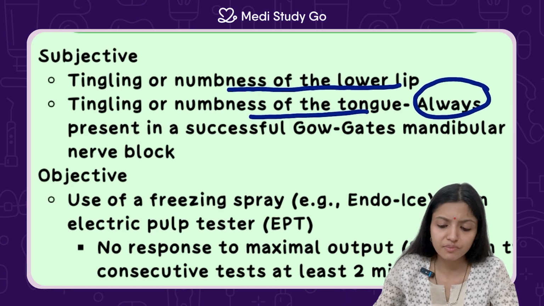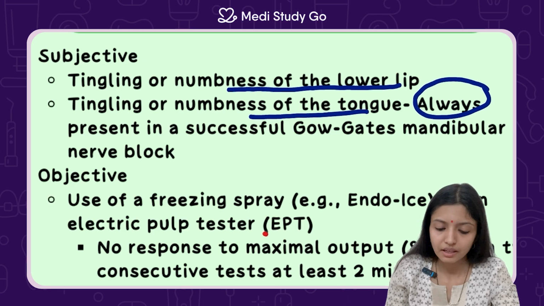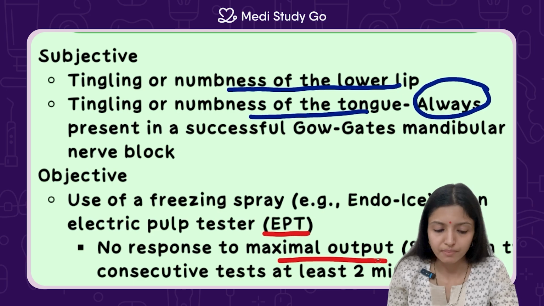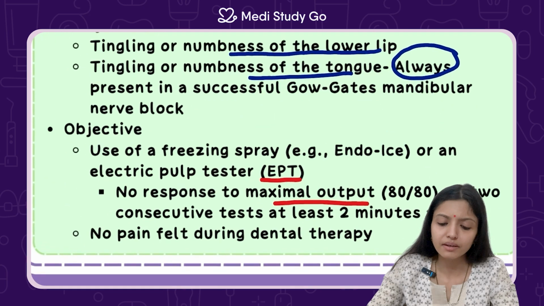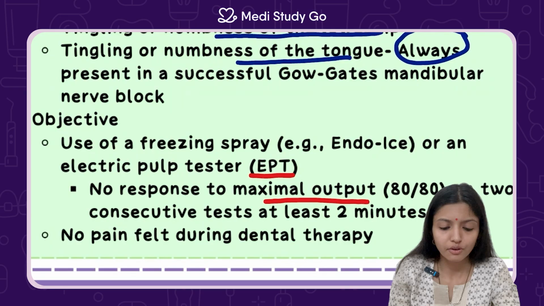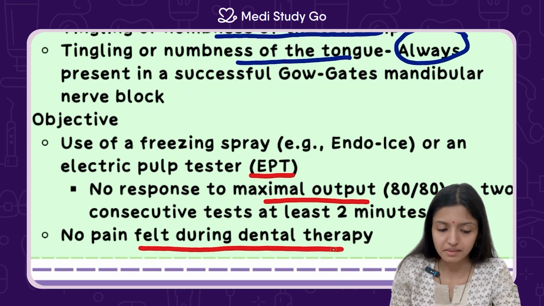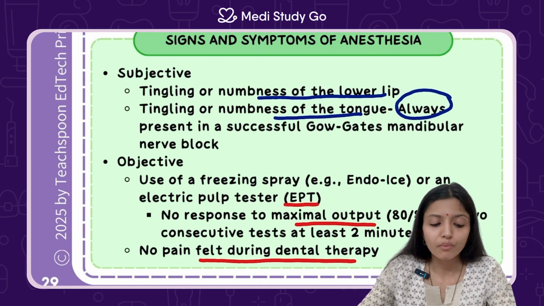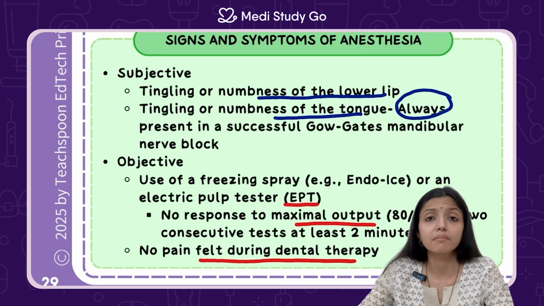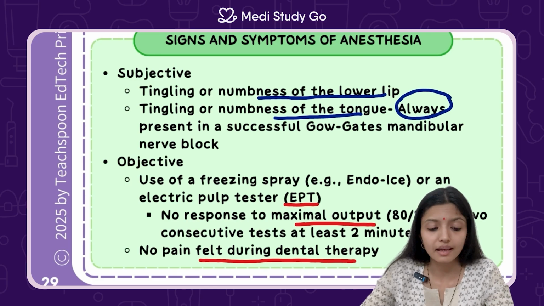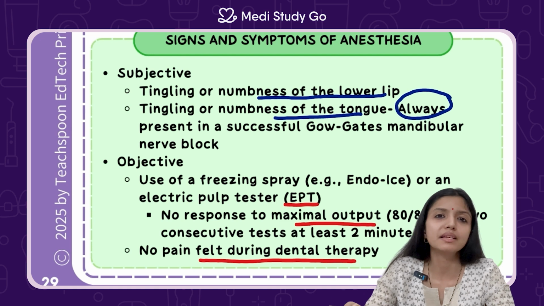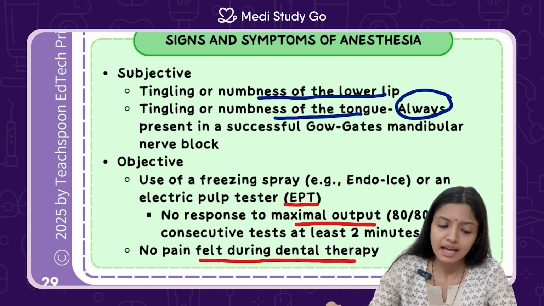Your objective symptoms would be, if you use an EPT, there will be no response to maximum output, and it is similar to those in the IANB, and no pain should be felt during the dental therapy. So just remember that the most important subjective symptom is when the patient tells you that there is proper numbness of the tongue. So you know that you have administered your Gow-Gates nerve block successfully.